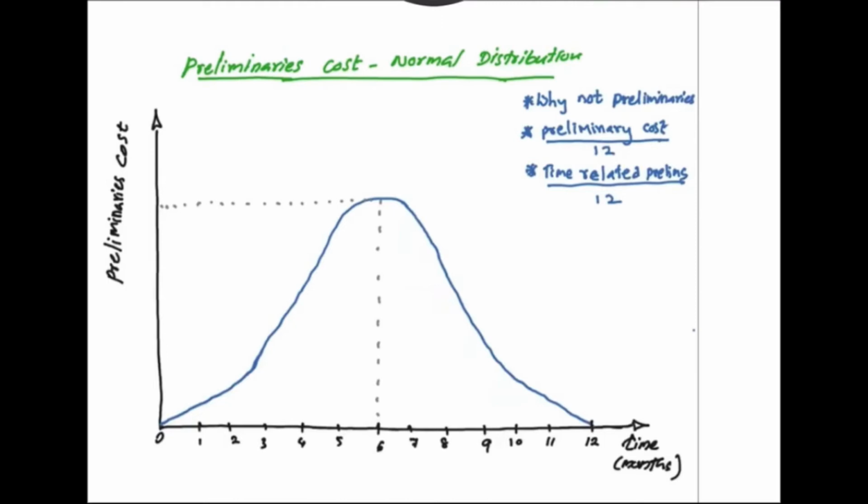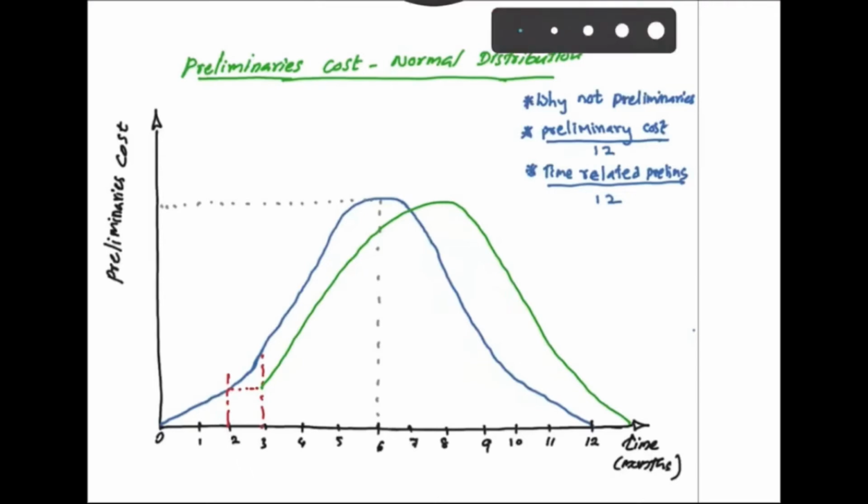And if the delay event happens between the second and third month, this bell shape will shift like this to the 13th month.